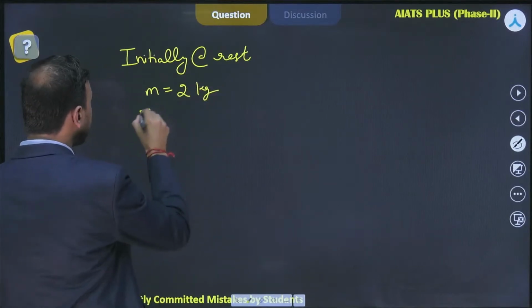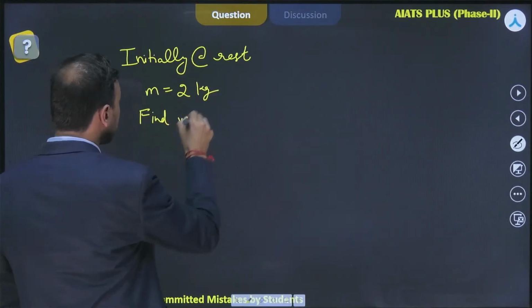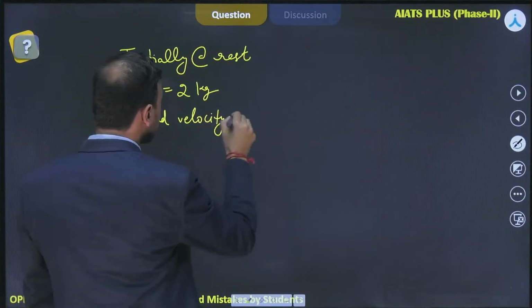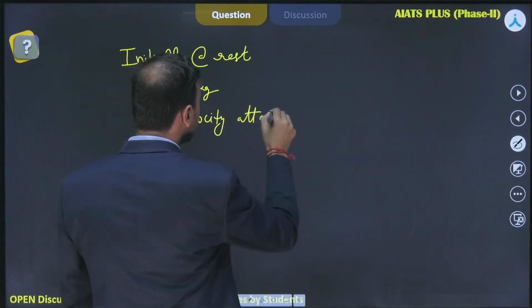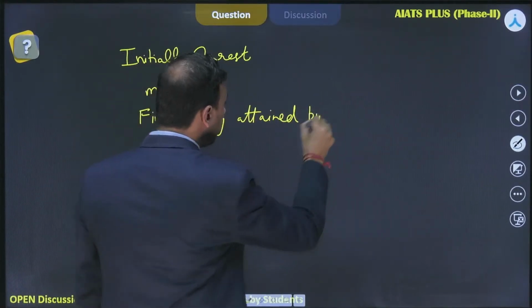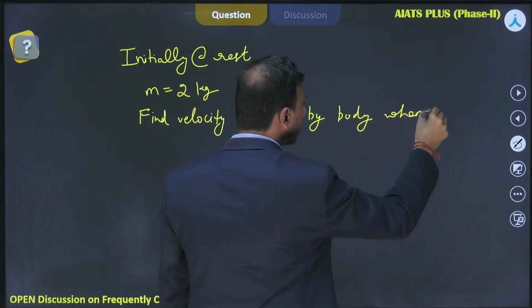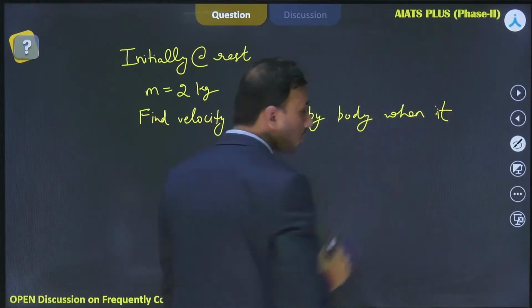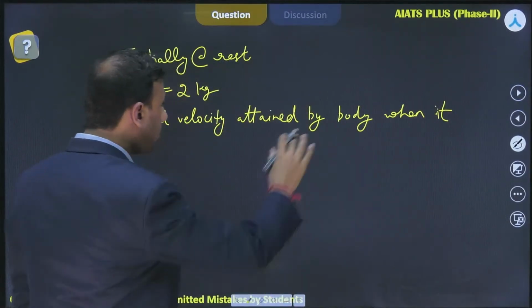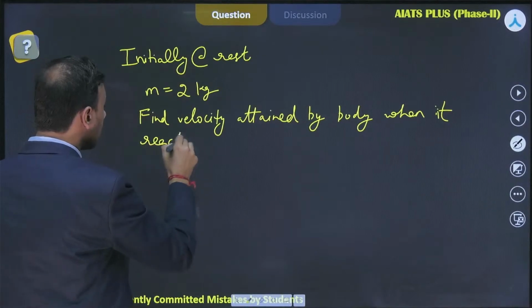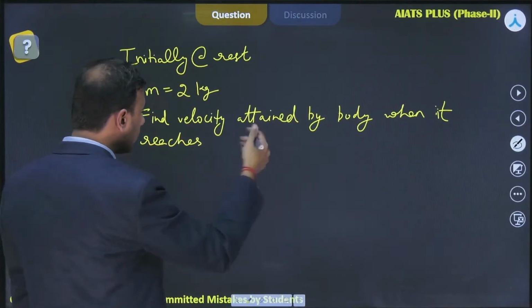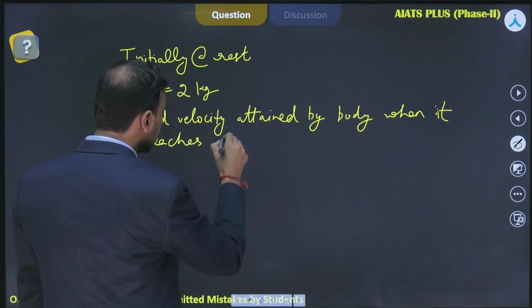So find the velocity attained by body. This question is also a little tricky, so please observe when it reaches displacement 5 meter.